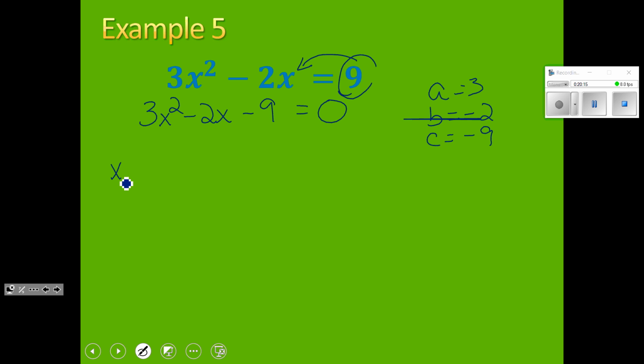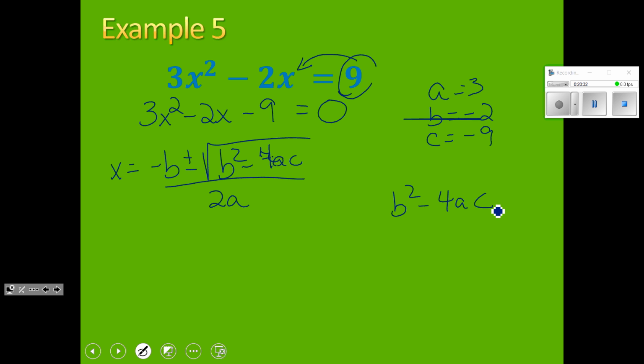So x equals -b plus or minus the square root of b squared minus 4ac, all over 2a. So let's work on our discriminant, b squared minus 4ac. Make sure you put -2 in parentheses.